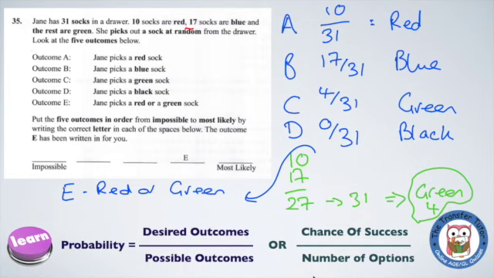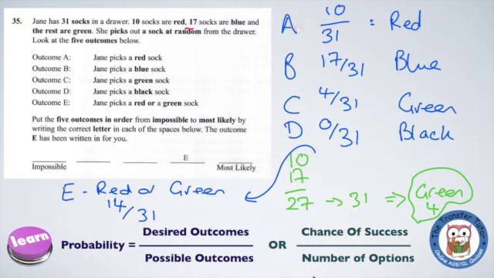So we then add together the 10 socks which are red and the 4 socks which are green, and we get 14. So that gives us 14 desired outcomes, or 14 chances of success over the 31. So there we have the probabilities worked out for each of the scenarios that was in the question.